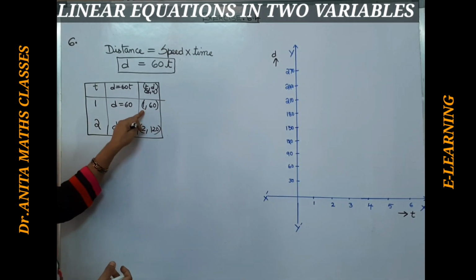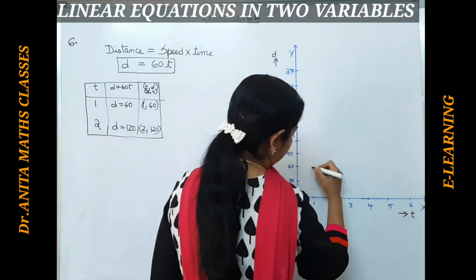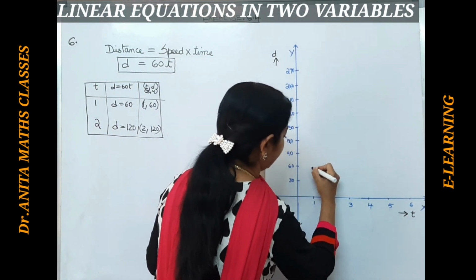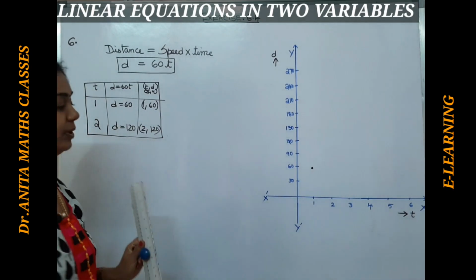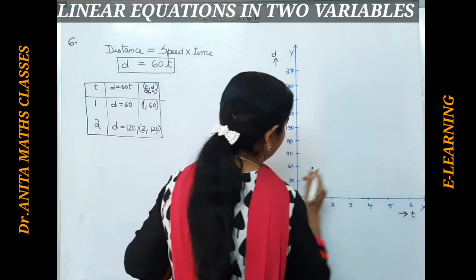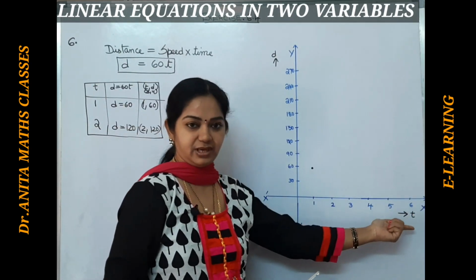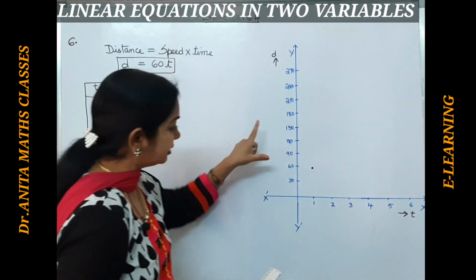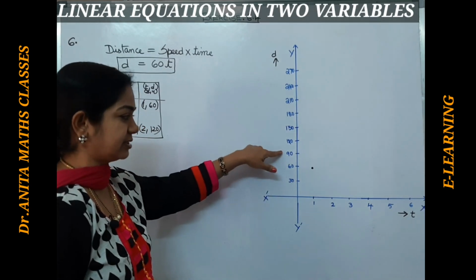Now we will plot 1 comma 60 and 2 comma 120. So exactly to scale, 1 comma 60 is this point, and 2 comma 120. Here I have taken x as 1, 2, 3, 4, 5, the hours. But on the y axis I haven't taken 10, 20 and so on.